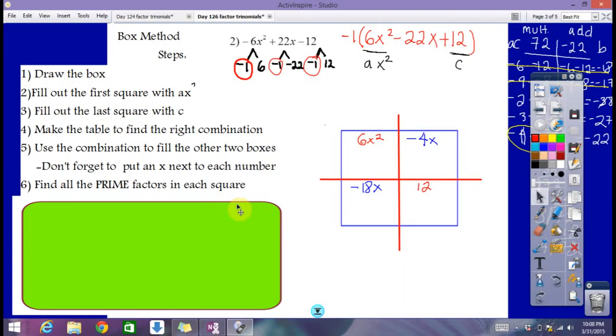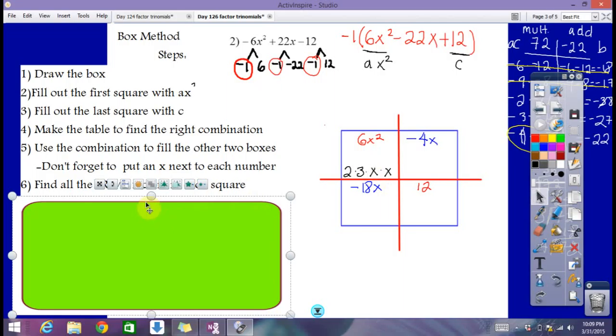So we need to make sure that we're finding the simplified ones, let's say, the prime ones. So for example, for 6, we have 2 times 3. And then we have 2 x's. And then negative 4x, remember you have to put a negative 1.